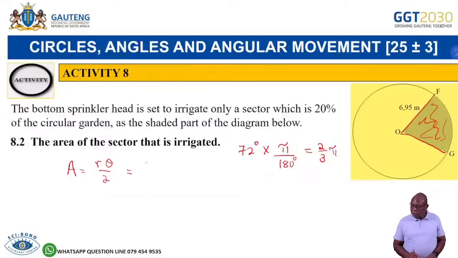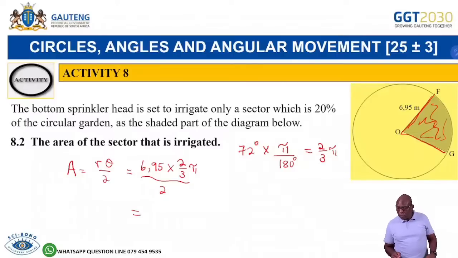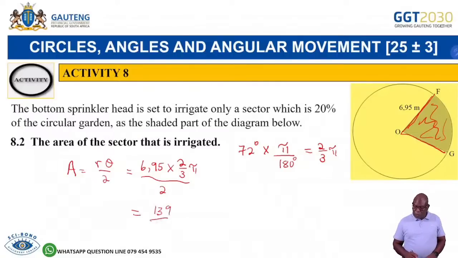My radius is how much? 6.95. That's my radius. Multiply by 2 over 3 pi, all divided by 2. Then I just put it down on a calculator.